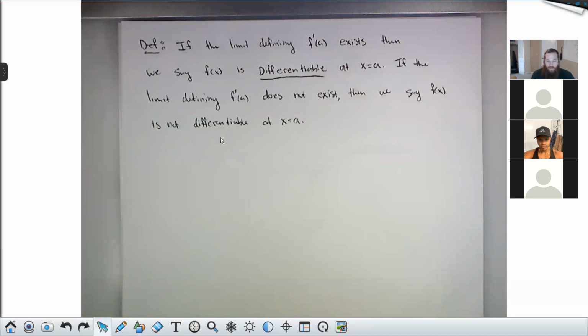So very much like continuity, differentiability happens one point at a time. I can talk about whether a function is or is not differentiable at one number. And if you want to check whether or not a function is differentiable at a number, you need to check whether the limit defining the derivative at that number exists.